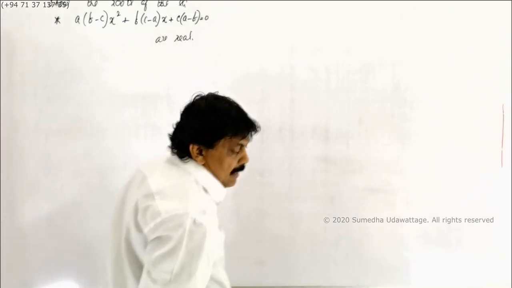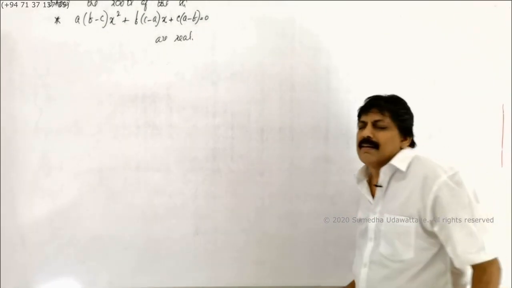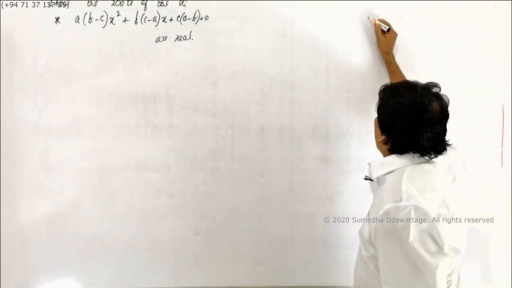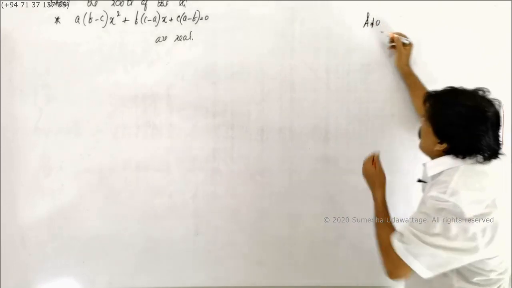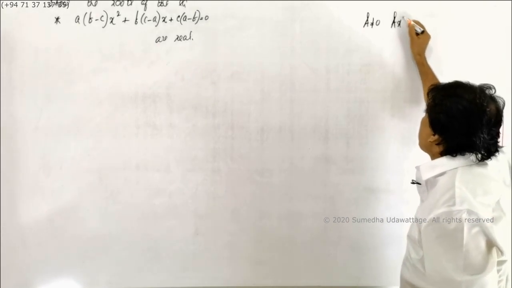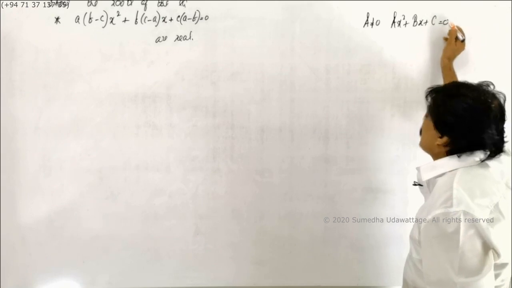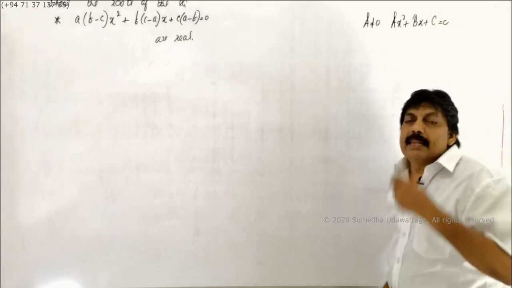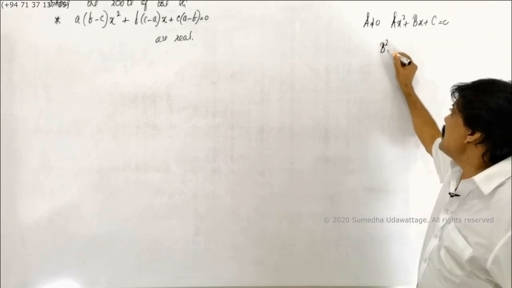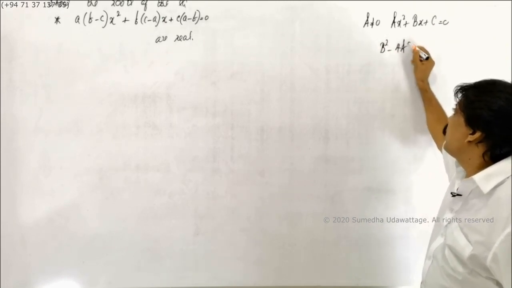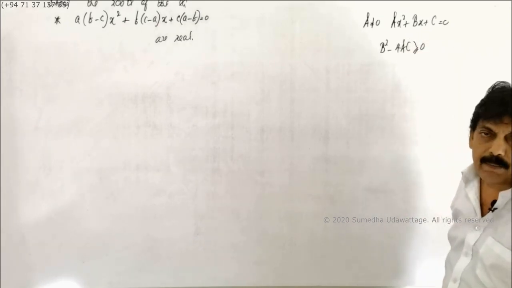Now, the theory I did in the last video is that when you consider the equation ax square plus bx plus c is equal to 0, with a not equal to 0, the necessary condition for the roots to be real is b square minus 4ac larger than or equal to 0.